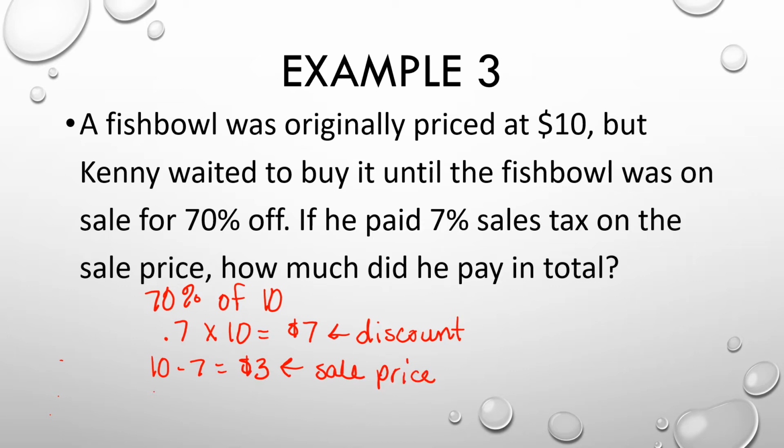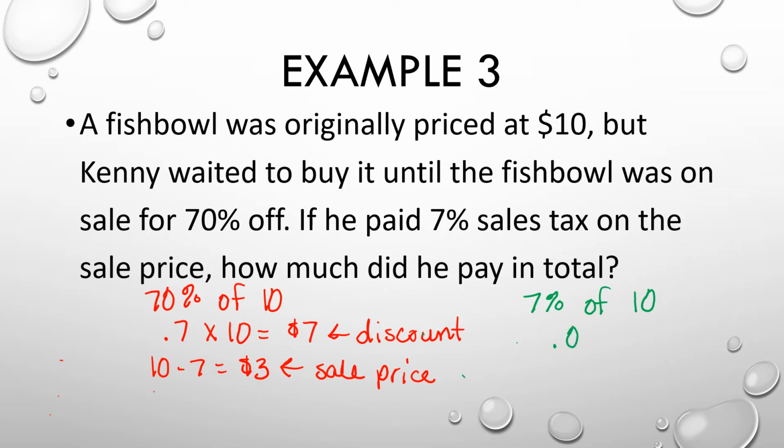So then we have to solve for our tax. So our tax is 7%, or you could do 107%. That way you didn't have to add. But we can do 7% of the sale price, 3.